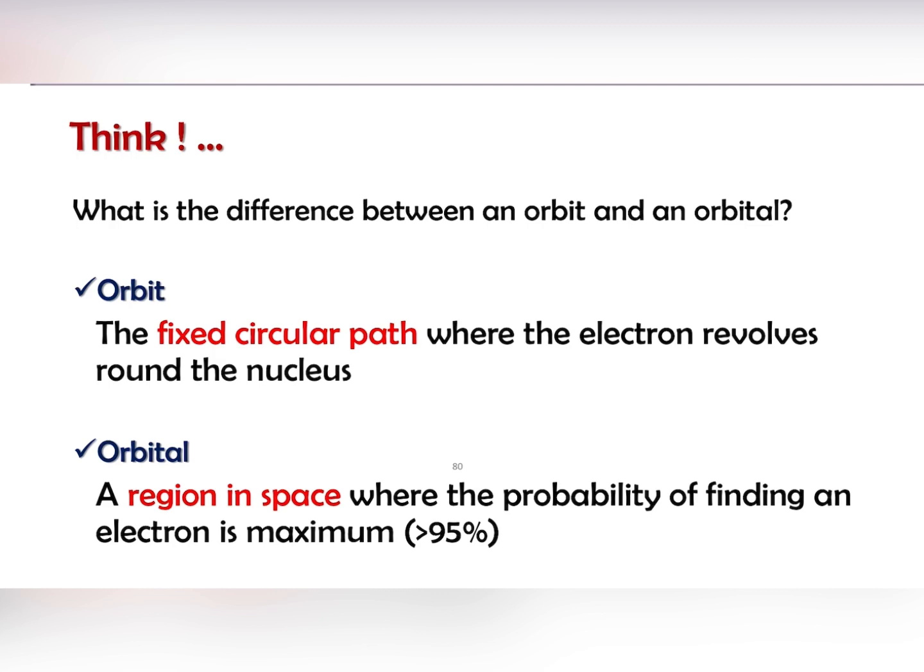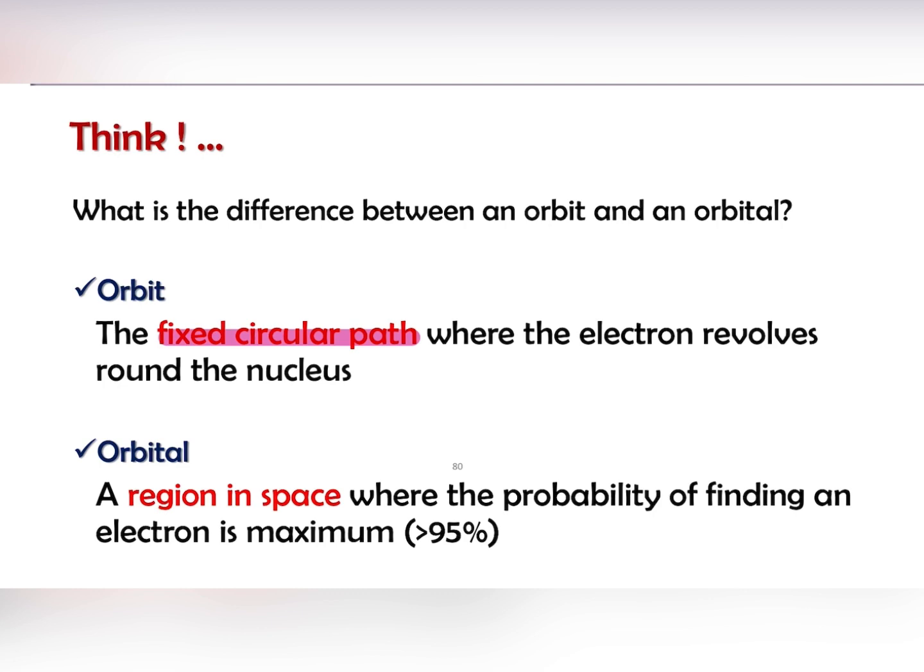Alright, so as I mentioned before, orbit dan orbital bukan benda yang sama. So, let's recap. Orbit itu apa? Orbit adalah fixed circular path, maksudnya laluan where the electron revolve around the nucleus. Okay, dia mengelilingi nucleus, itu orbit.